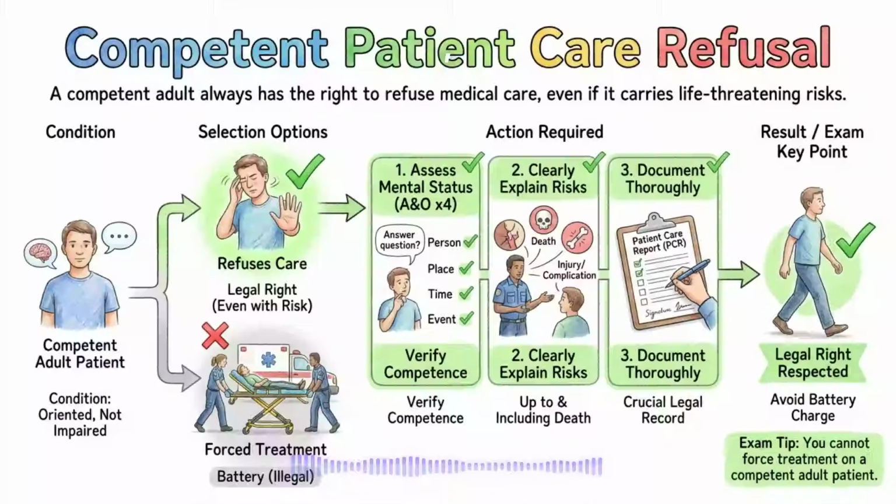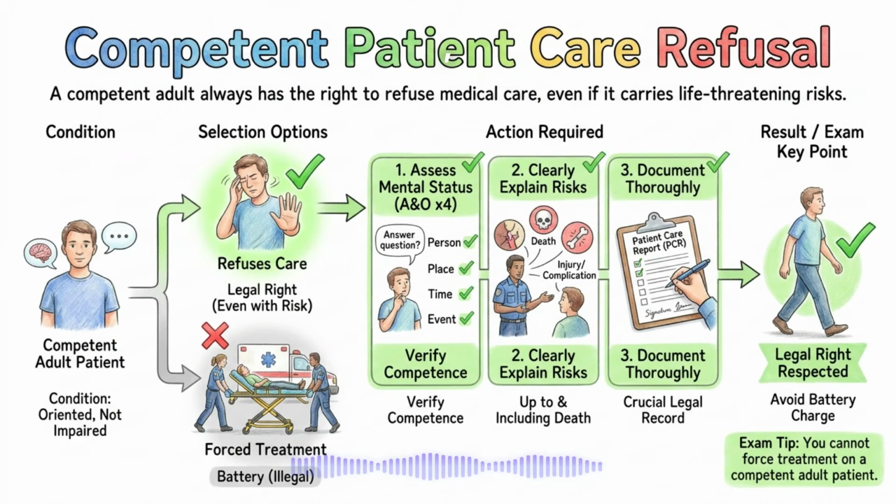A competent adult always has the right to refuse medical care, even if that refusal could result in their death. To legally accept a refusal, you must ensure the patient is fully oriented to person, place, time, and event, and that they are not under the influence of drugs or alcohol.